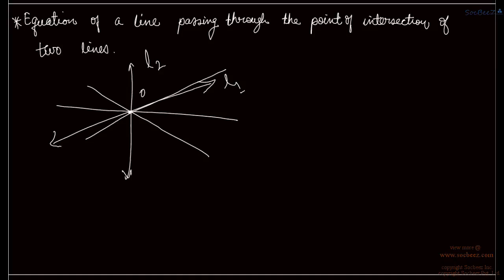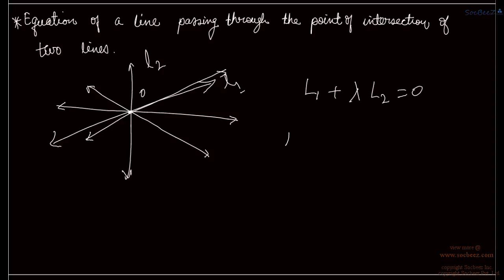Because from a given point infinite lines can be passed. So the equation of this line can be written in terms of one parameter, say lambda: L1 plus lambda L2 is equal to 0.